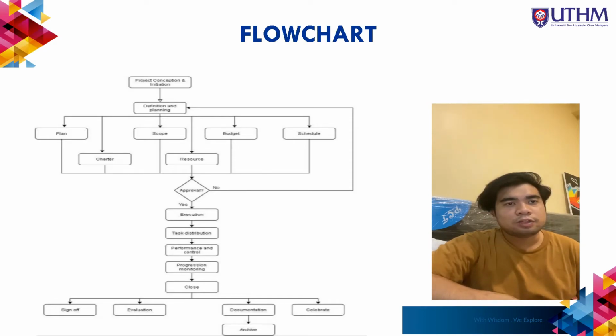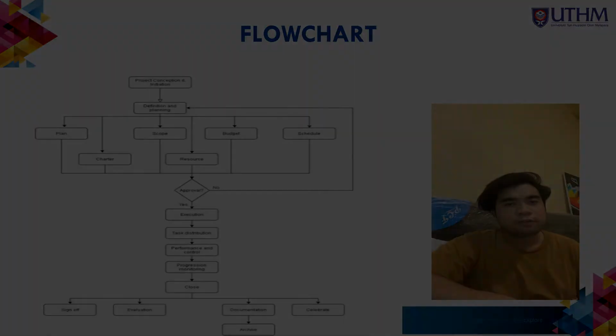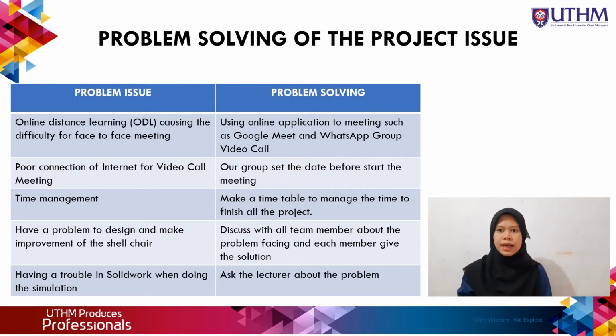But if rejected, we will return back to definition and planning. After the close, we will sign off the project, evaluate, do the documentation, and celebrate. In the documentation, we will archive the project.